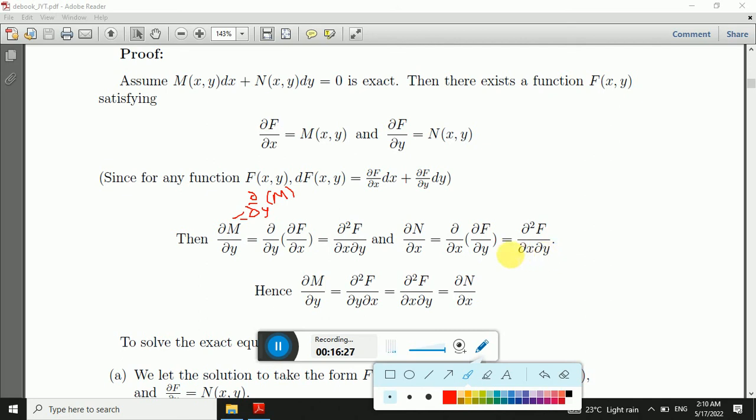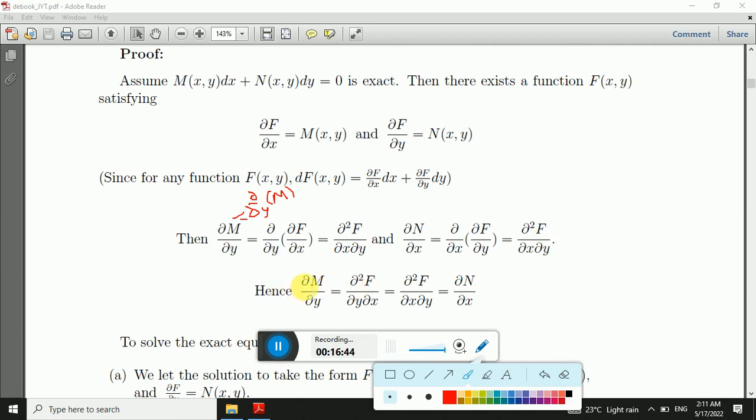So you can see that here we are having partial squared f over partial x partial y, and what do we have here? Partial squared f over partial x partial y. So the two are equal.